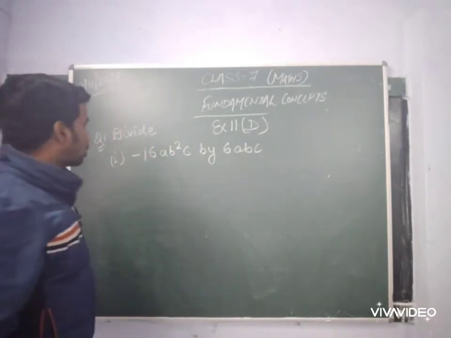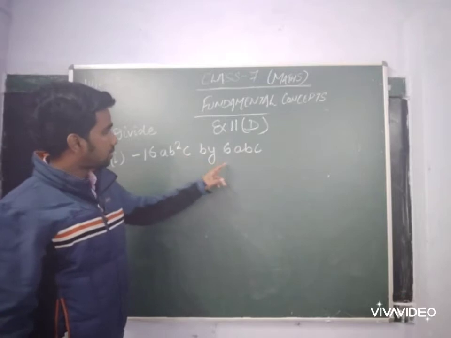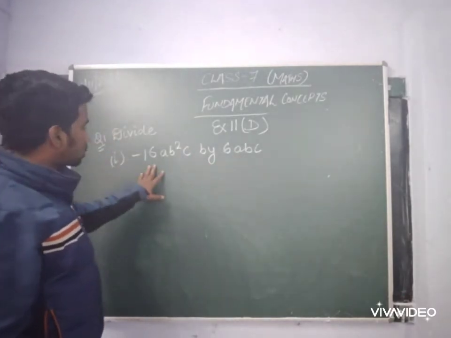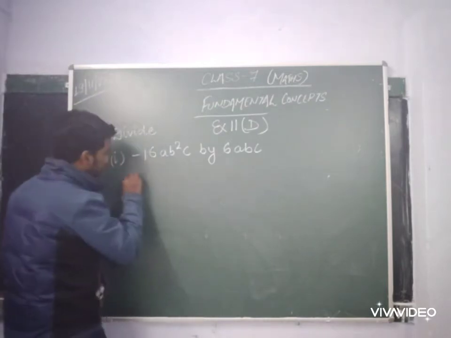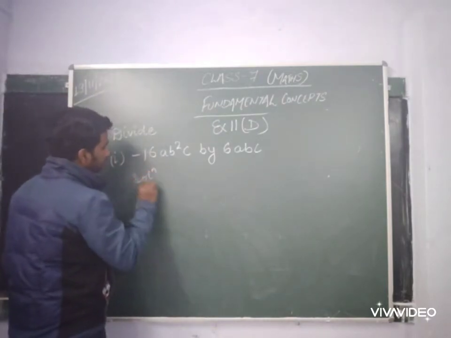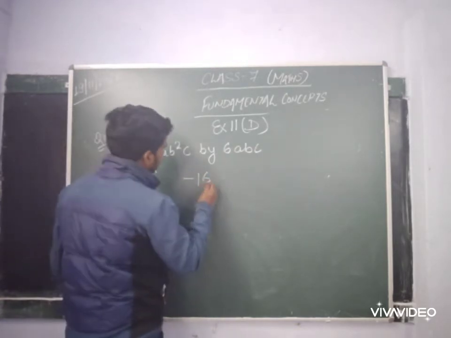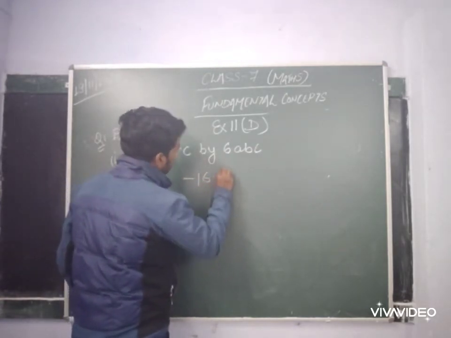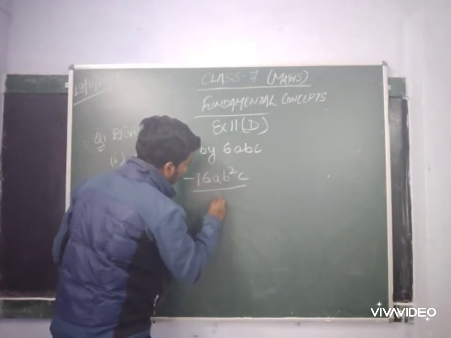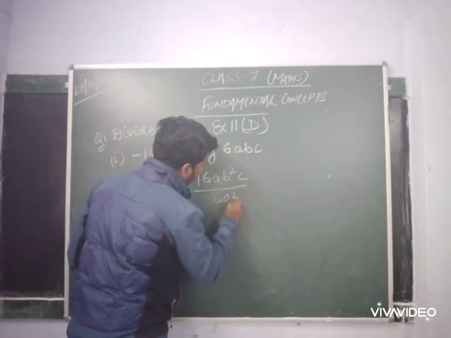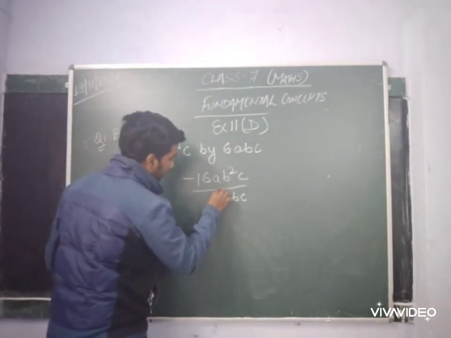So this is a monomial and this is also a monomial. So what we will do in solution, we will write divisor in numerator and dividend in denominator. Okay, so now let's divide.